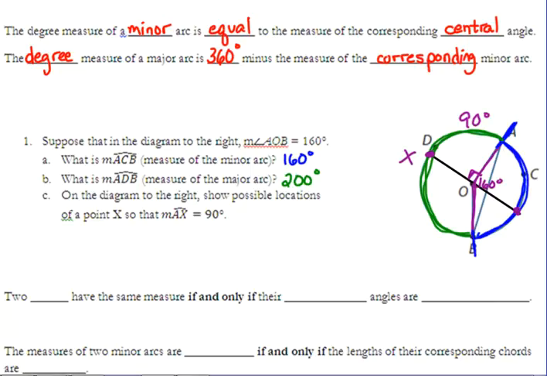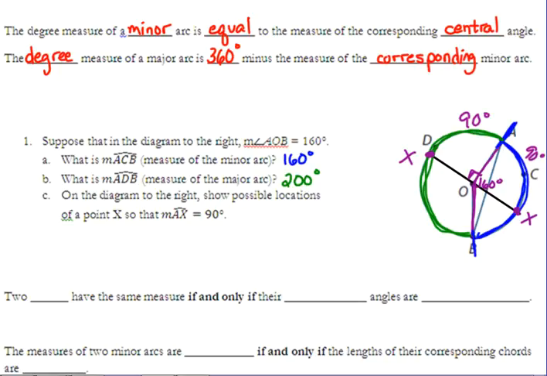So X could also be over here close to D. Both of these possibilities are what they're looking for. From A to X, that would be a minor arc that corresponds with a 90-degree central angle.